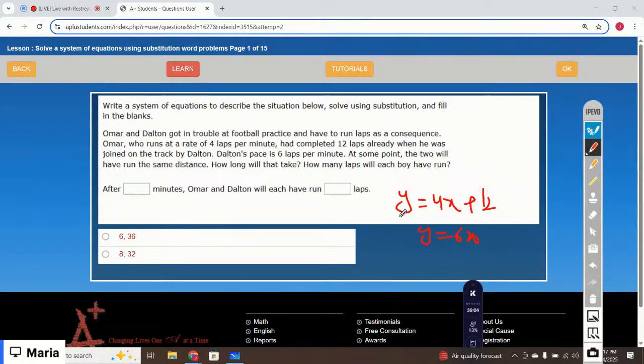Replace y with the value, so 6x equals 4x plus 12. So 6x minus 4x equals 12, that is 2x equals 12. x equals 6, since 2 times 6 is 12. Now we need to find the value of y. Replace x with the value: 6 times 6, that is 36. Option number 1 is the correct option. The values are 6 and 36.